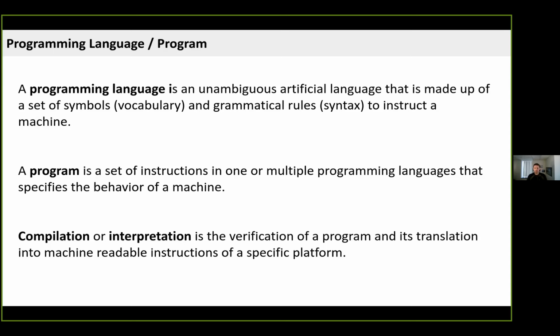Compilation or interpretation is the verification of a program and its translation into machine-readable instructions of a specific platform. So you can perhaps write some Python code, and that by itself isn't yet executable by a machine.